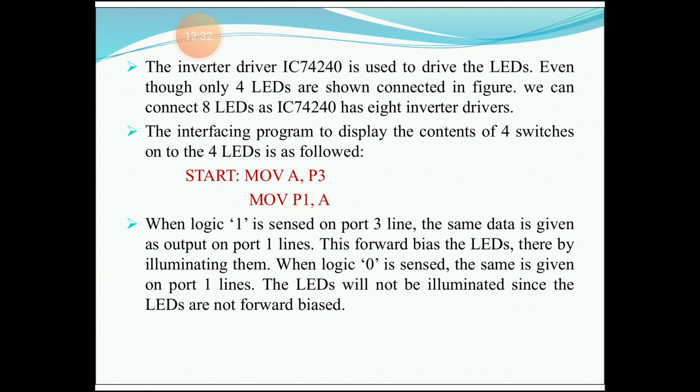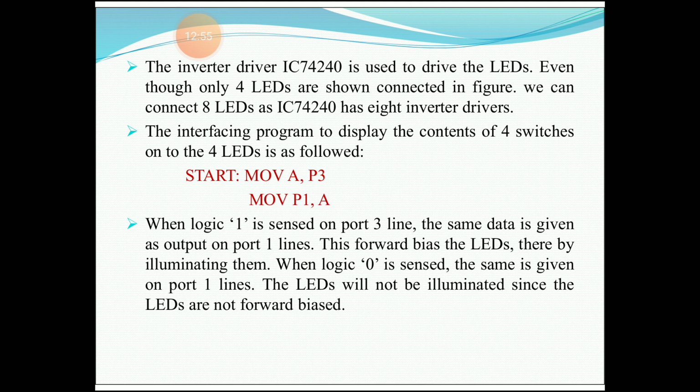In the second instruction, the data from the accumulator is loaded into port 1. Whenever port 1 receives the data from the accumulator and gives it to the driver circuit, the driver circuit complements the data and gives it to the LED, and the LED will illuminate. So that is MOV P1, A.